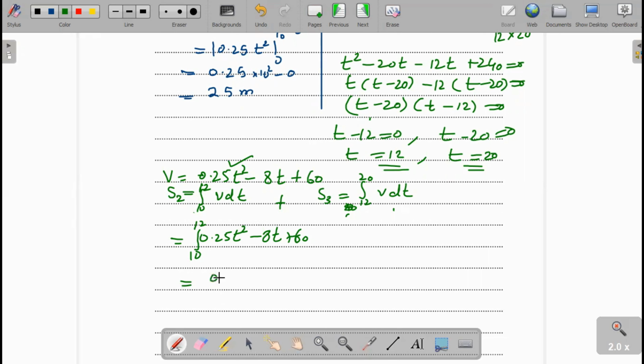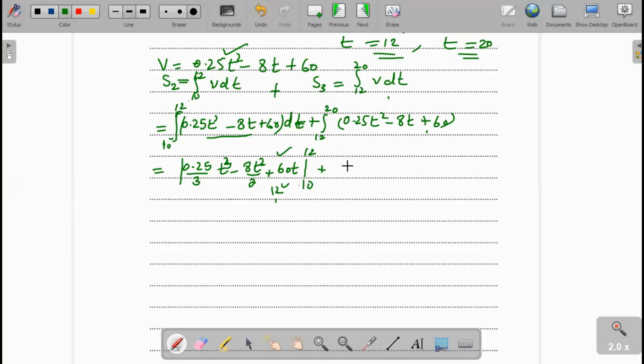Now integrating, we get 0.25 t³/3 - 8t²/2 + 60t.